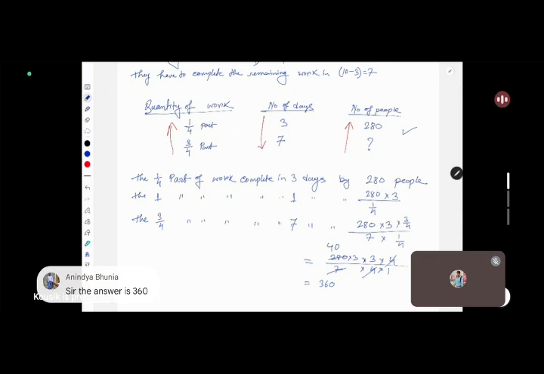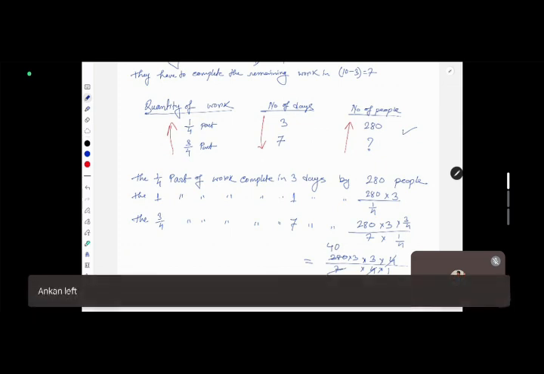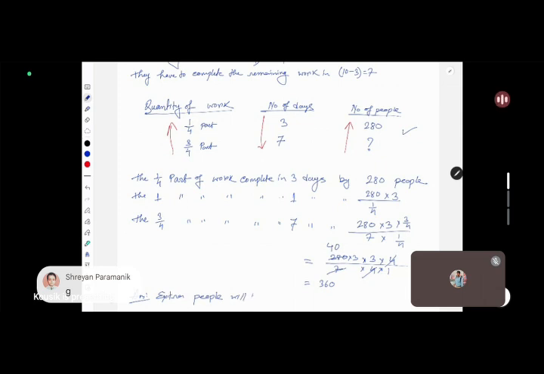Extra pupil required is equal to 360 minus 280. So that means 80.